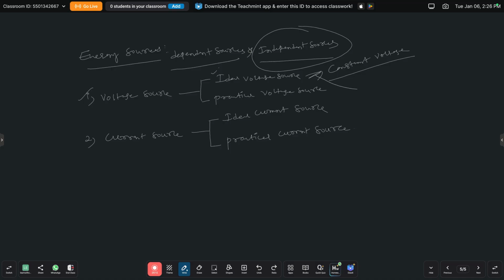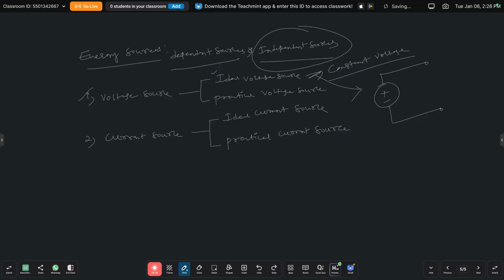How can we represent this ideal voltage source? It can be represented by a symbol, with positive and negative terminals. So this is the symbol of the ideal voltage source.